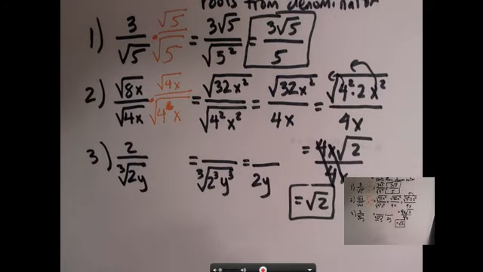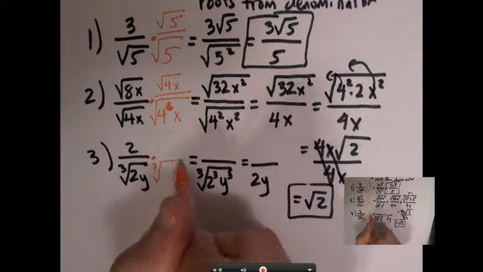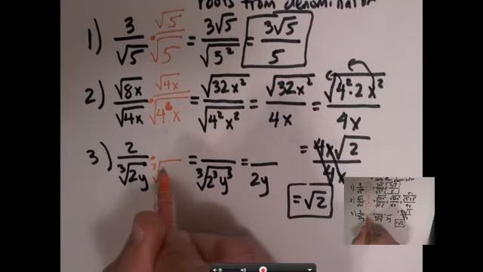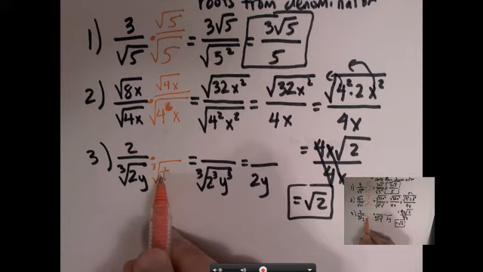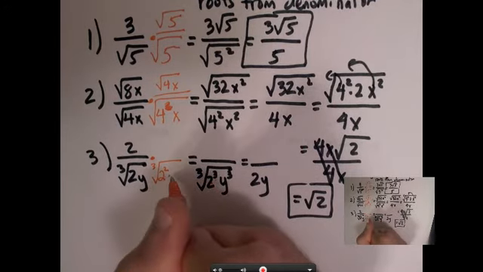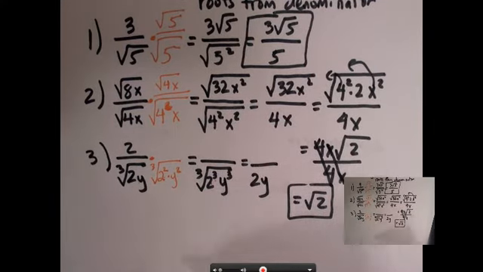Okay, so what are we going to multiply by? It's not just the cube root of 2y anymore. So let's just take a look here. Multiply by the cube root of, well, I need 3 2's. I have just 1, so I need to multiply by 2 squared. I have 1 y, so I multiply by y squared, and now I have 3 y's, which is exactly what I wanted.